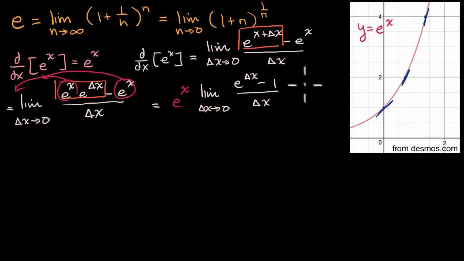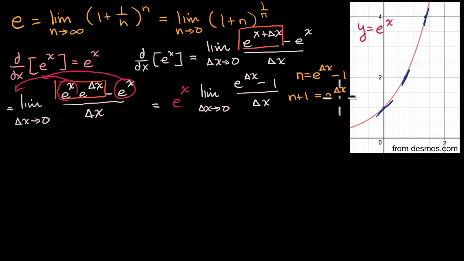So what if I were to make the substitution, and let me do it over here. Let's say I would make the substitution that n is equal to e to the delta x minus 1. So what would this be if we were to solve for delta x? Let's see, we could add 1 to both sides. n plus 1 is equal to e to the delta x.